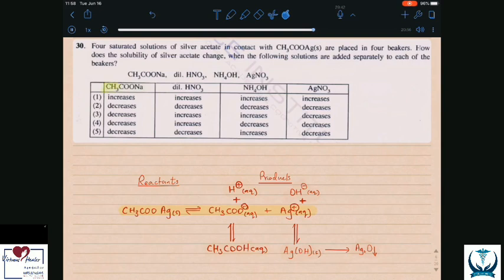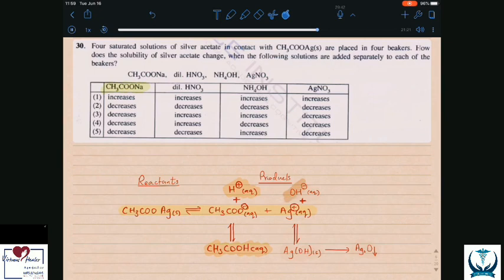Therefore, addition of the conjugate base of acetic acid will reduce the solubility. Addition of dilute HNO3 into the solution will remove the conjugate base of acetic acid by forming acetic acid, and therefore will increase the solubility.